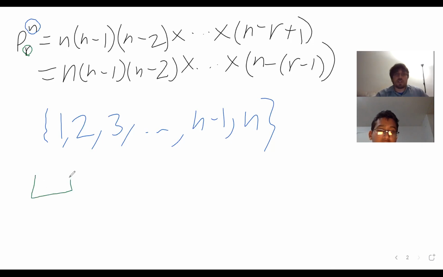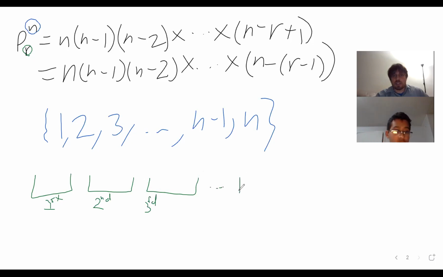So you have the first thing you choose, the second thing you choose, the third thing you choose, and then up to and including the last thing, which is the rth thing you choose, right?